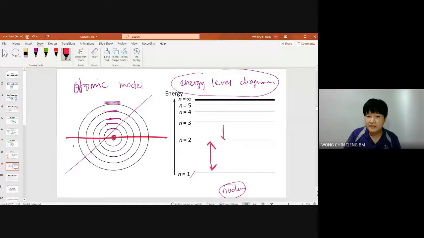And ladies and gentlemen, bukan saya saja. The space actually gets smaller from one energy level to another energy level, and this is a must to draw like this. Tak perlu ukur dengan pembaris. Tapi mata kasar, when I look at it, I need to look at the space getting smaller.